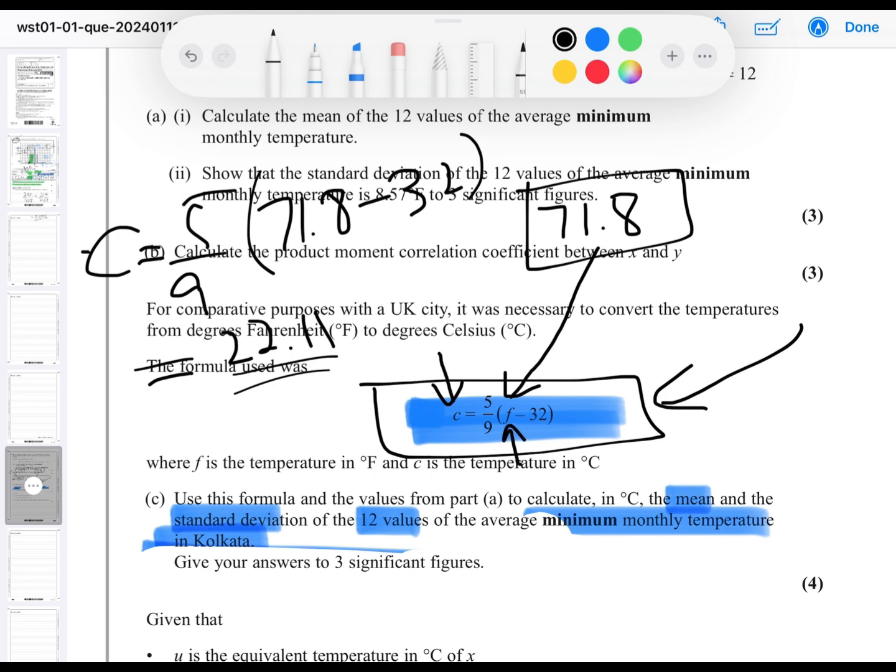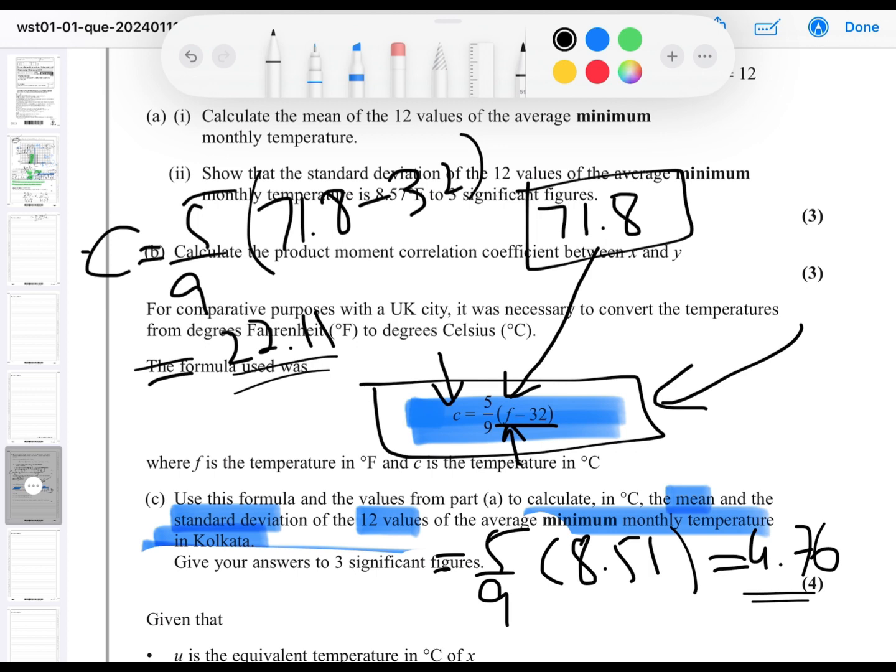But in the case of the standard deviation, it won't be affected by the shift. So we will just place the standard deviation here, which was 8.51 in the first part, and the answer for this is 4.76. I hope the concept is clear here. This is the answer for part C, and in 3 significant figures we have 4.76.